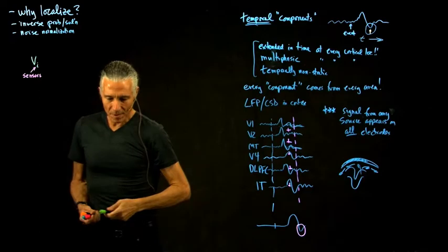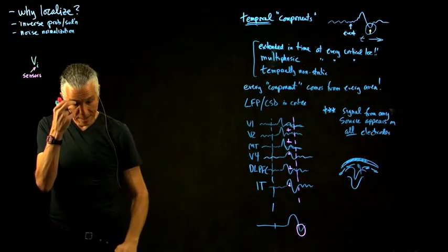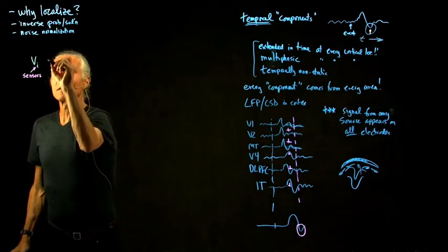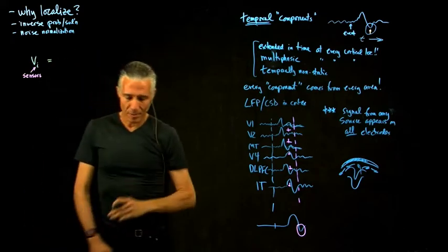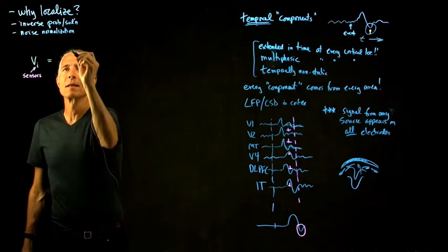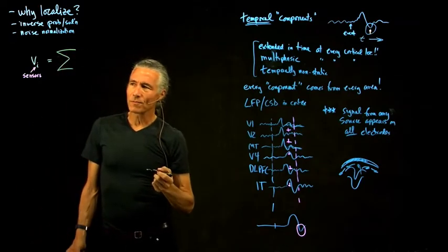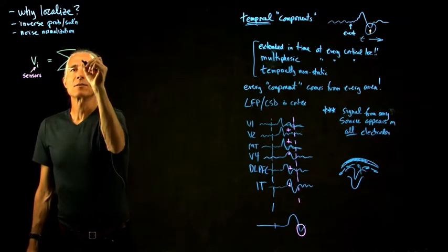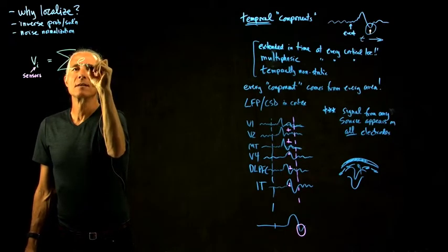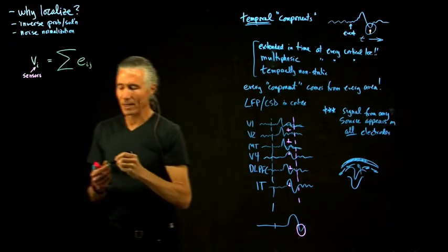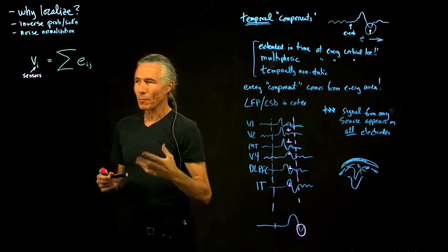So what you get at a sensor is basically just the linear sum of those forward solutions for each source. And here's the forward solution for each source-sensor pair.